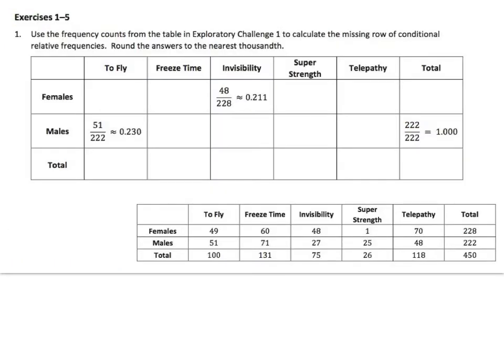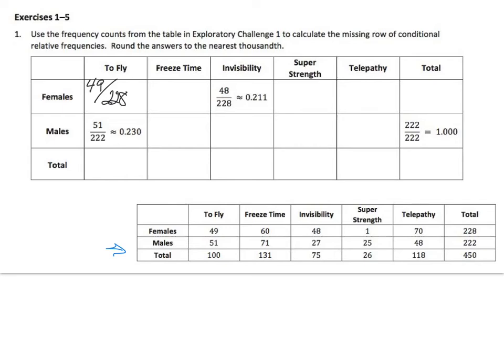So use the frequency counts from the table in Exploratory Challenge 1, the previous slide, which I put right there, to calculate the missing row of conditional relative frequencies. Round the answers to the nearest thousandth. So for each of these, we're going to take the frequency over the total number of females.